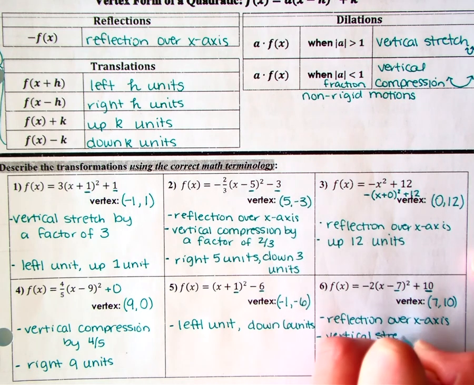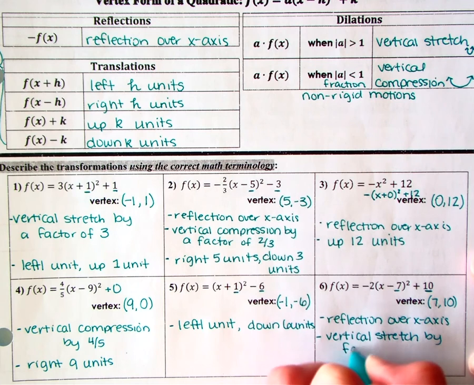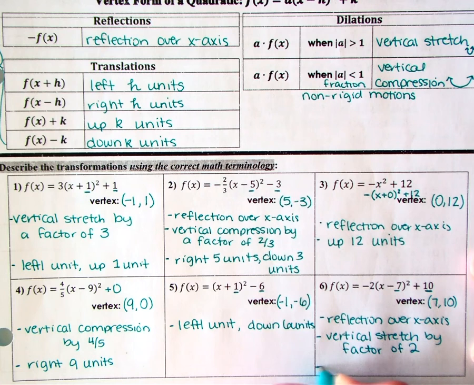So that means the graph is getting taller and skinnier. Inside the parentheses tells me left or right. And since we are subtracting, we go to the right 7. Plus 10 outside the parentheses tells me I'm going up 10 units.